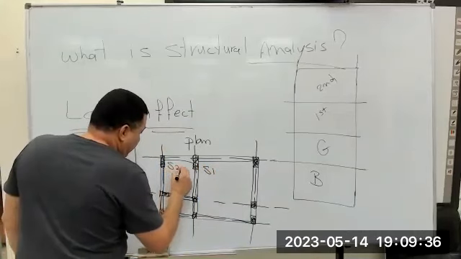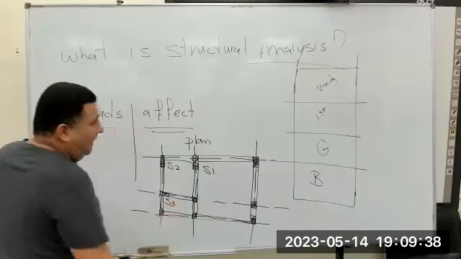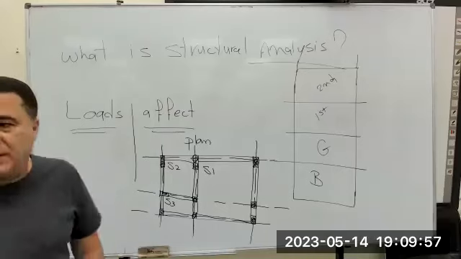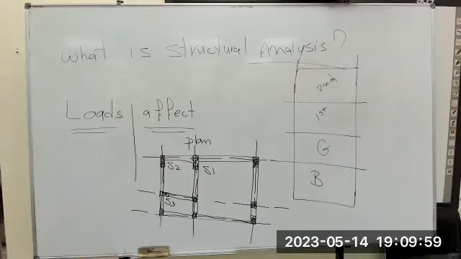Now we need to determine loads affect on this building. This is a conventional system building, consisting of slab first.